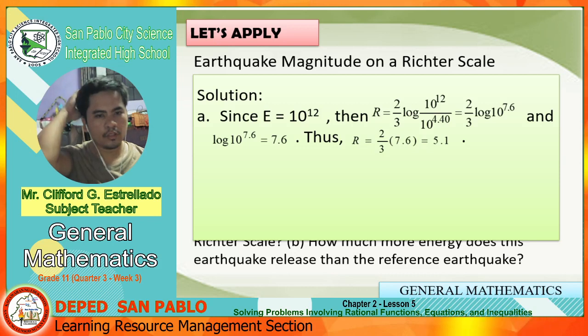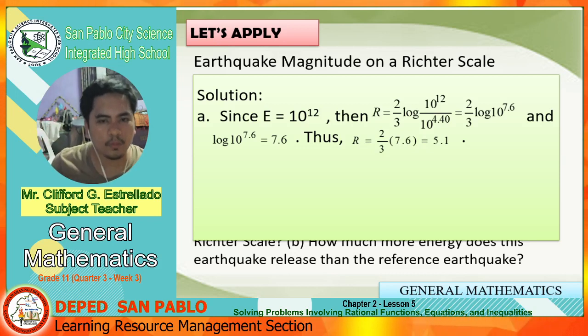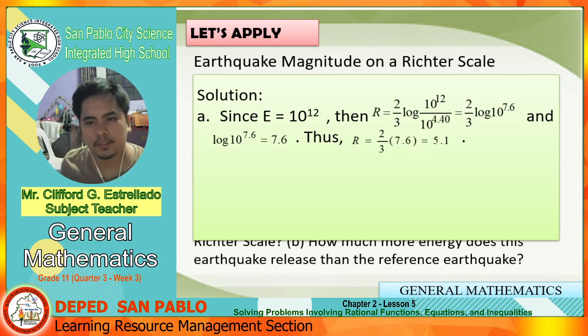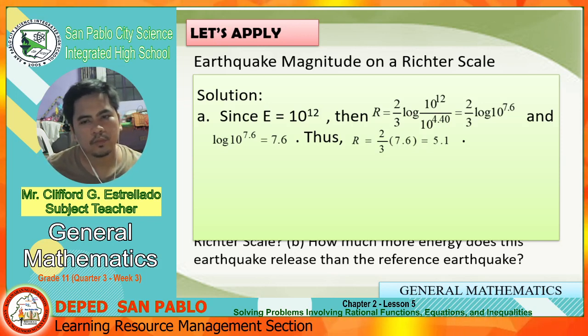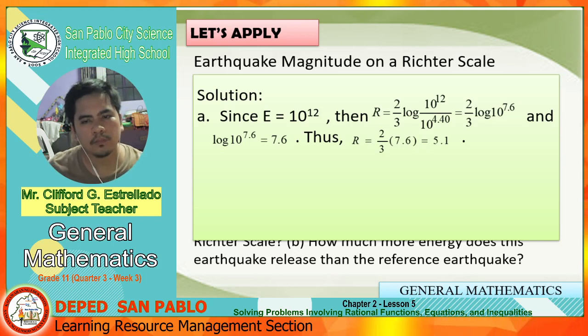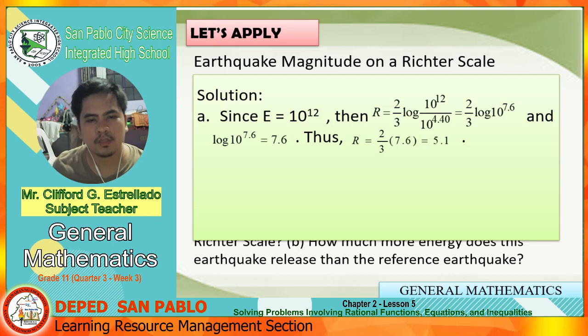So, solution, since E is equal to 10 raised to the 12 power, then R is equal to 2/3 times logarithm of 10 raised to the 12 power over 10 raised to 4.40. So, 2/3 now times the logarithm of 10 raised to 7.6, since 10 raised to 12 over 10 raised to 4.40 is 10 raised to 7.6. And logarithm of 10 raised to 7.6 is equal to 7.6.